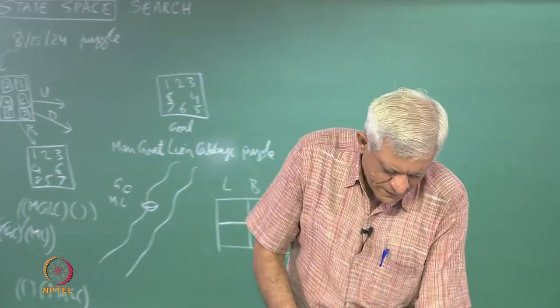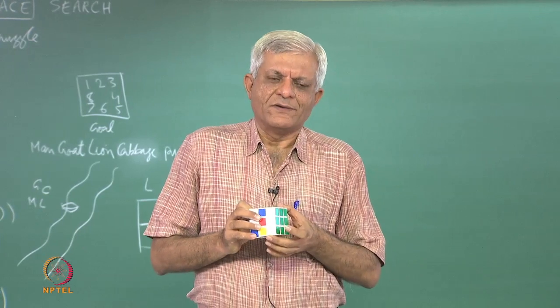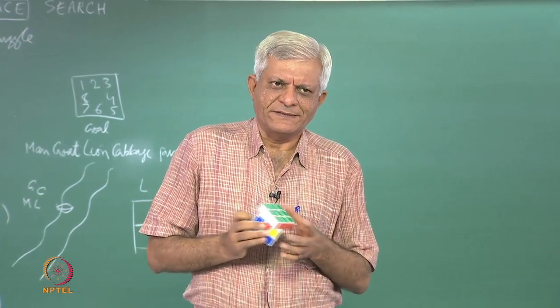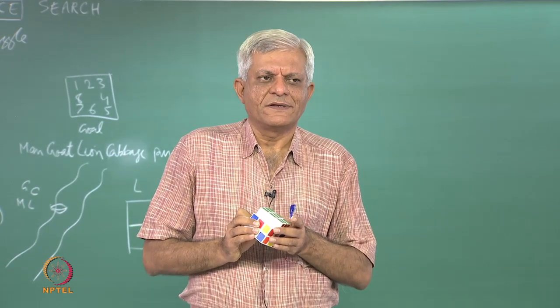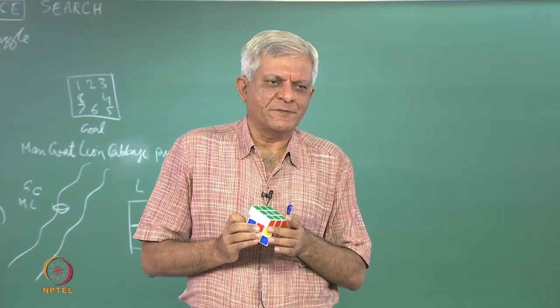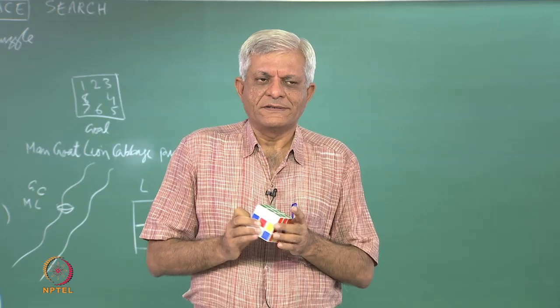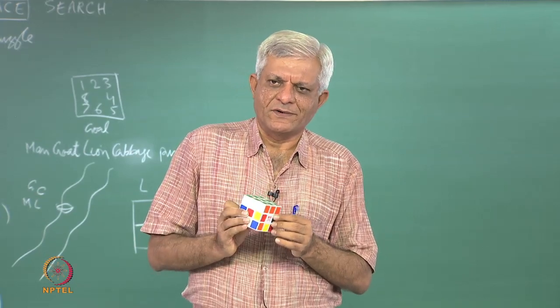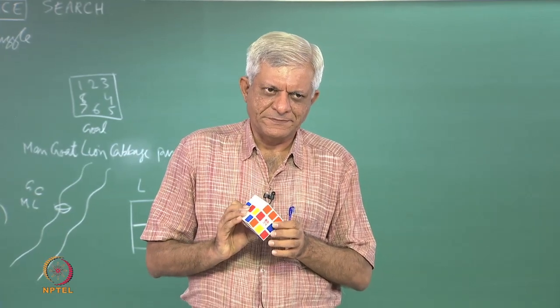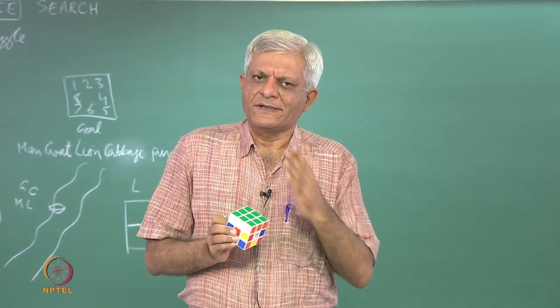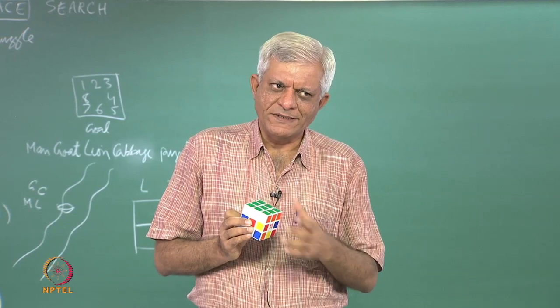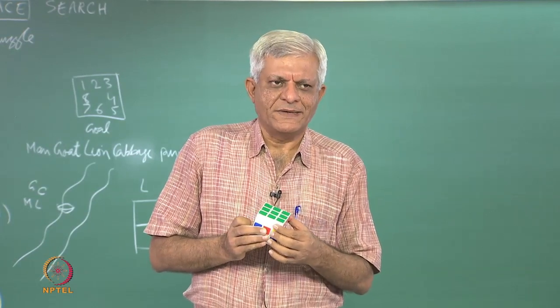Incidentally, while we are at the Rubik's cube, only very recently, and by recently I mean in the last 5 to 10 years, have search algorithms been able to search for optimal solutions of a problem like this essentially. And by optimal solution, I mean the smallest number of moves that you need to make essentially.